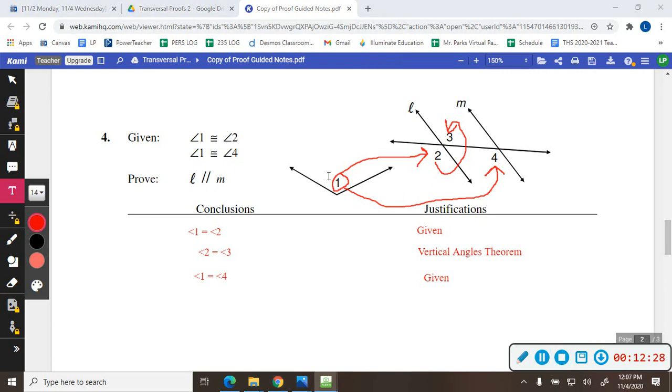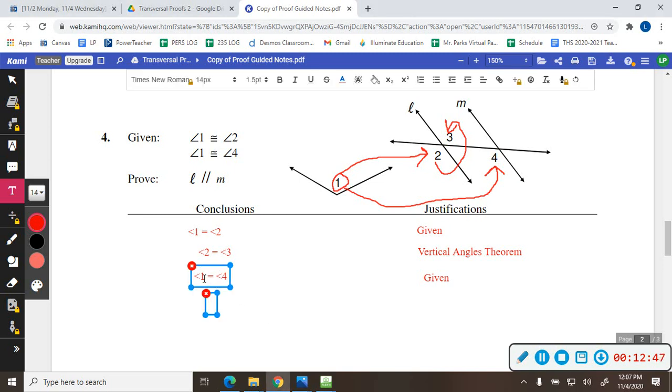So far, I know that angle 1 equals angle 2. I know that angle 1 equals angle 4. And so, if angle 1 equals angle 2, and angle 1 equals angle 4, what I could do is use the substitution property, and substitute 4 in for angle 1.